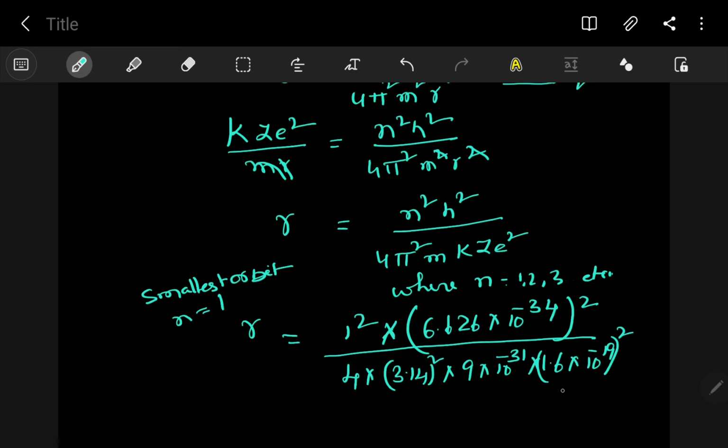And K value, we know already, that is 9 into 10 to the power of 9. After we have substituted and done the calculation, what we are getting is 0.529 into n square by z.